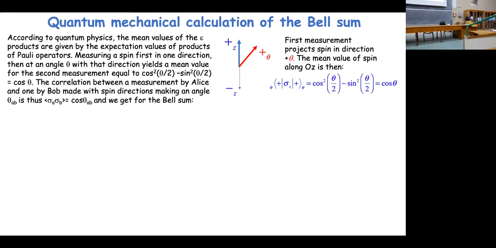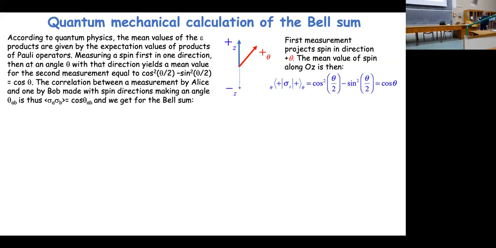So first of all, we have to find out what is the correlation between spin measurements at an angle theta. If you measure the spin along the angle theta, what will be the result of the next measurement? What will be the average you will get for the next measurement? This is something very simple that we can compute from what I said in the previous lecture.